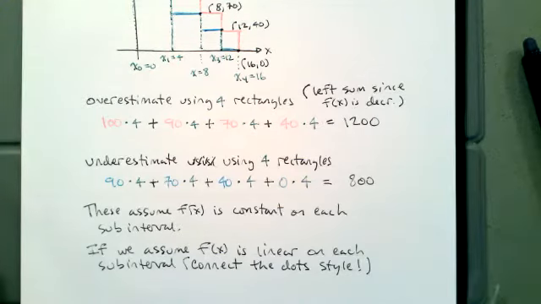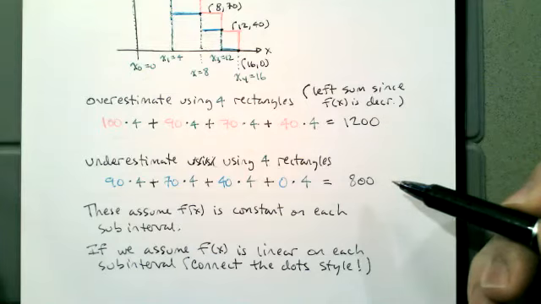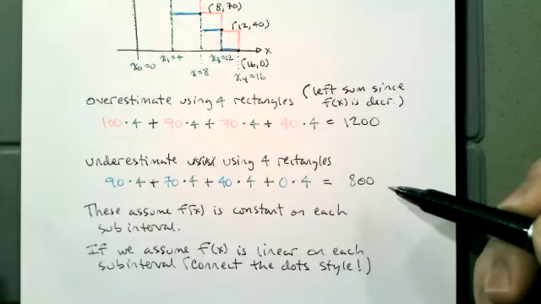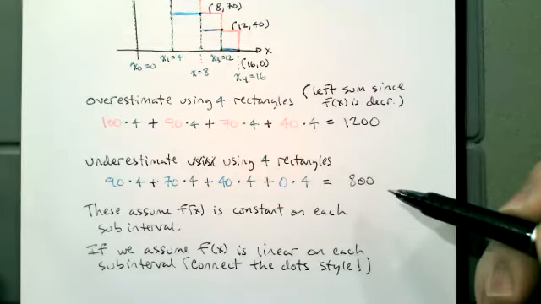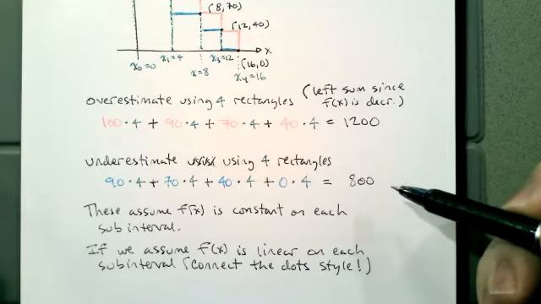First of all, we can just find the average of the left and right approximations. Second, we're calculating the areas of trapezoids.